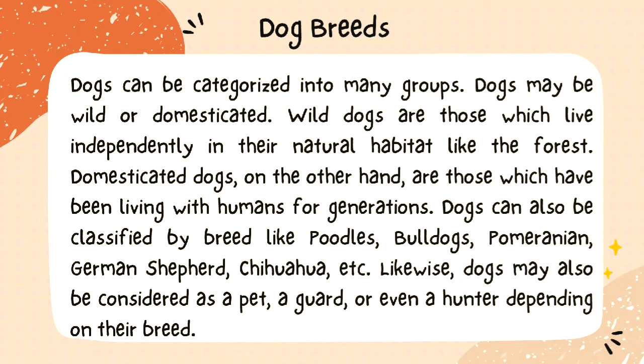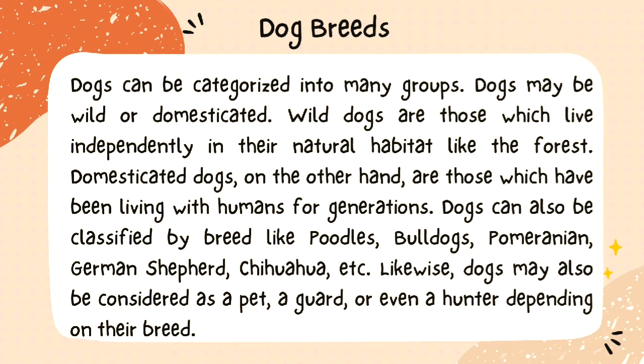Domesticated dogs, on the other hand, are those which have been living with humans for generations. Dogs can also be classified by breed like poodles, bulldogs, Pomeranian, German Shepherd, Chihuahua, and others. Likewise, dogs may also be considered as a pet, a guard, or even a hunter depending on their breed.